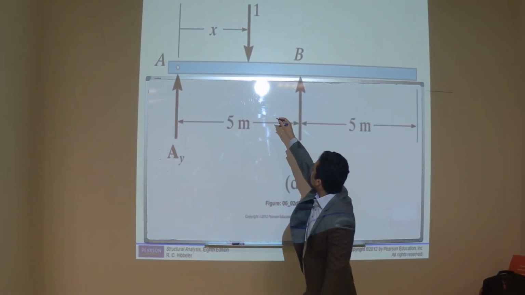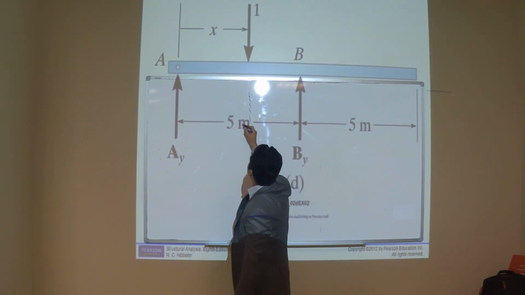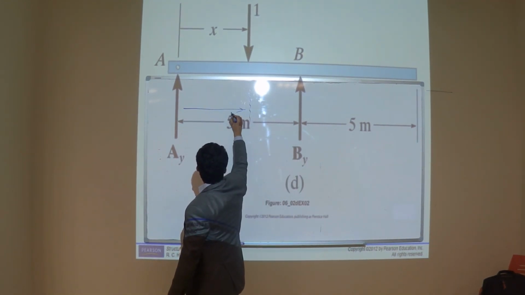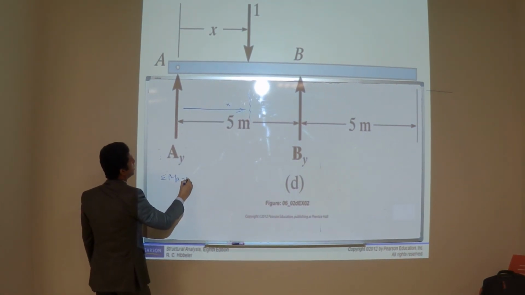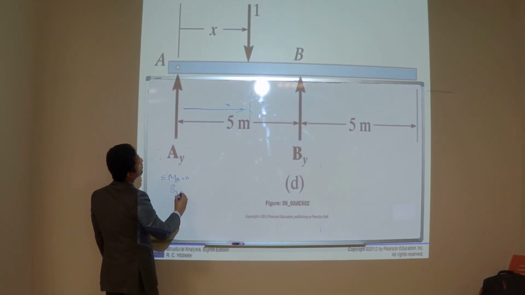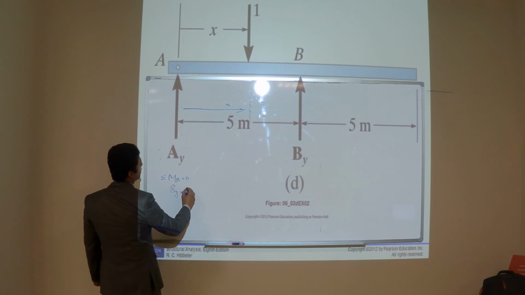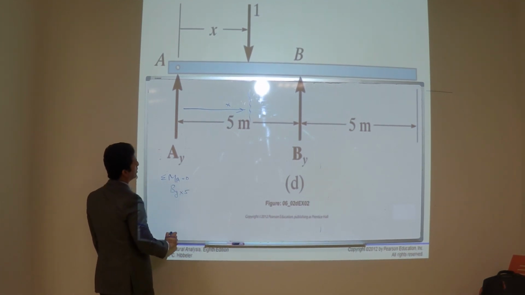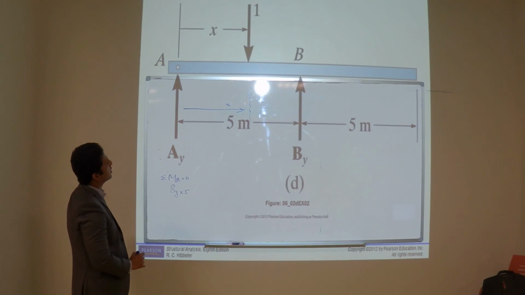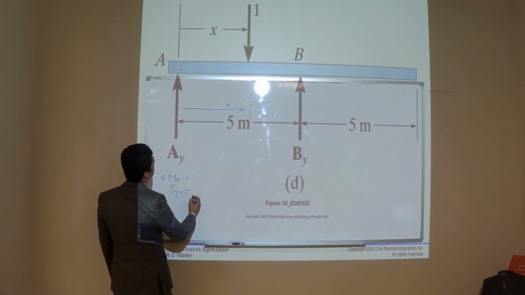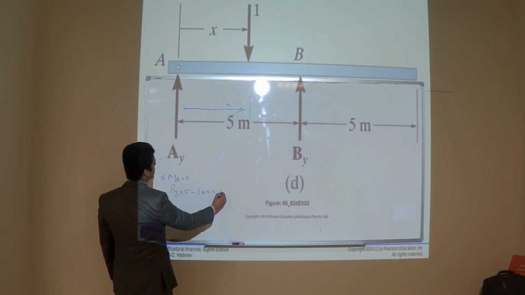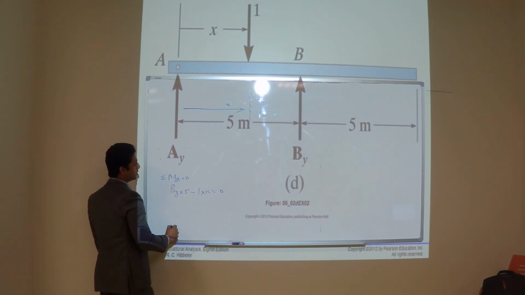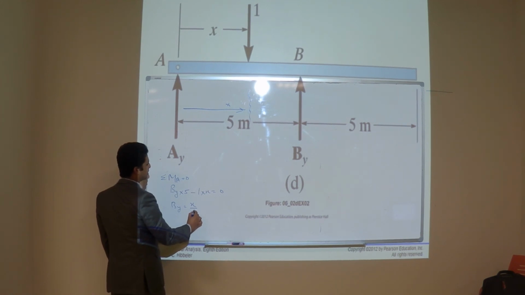You take a section here and say this distance is x, and take moment at point A. You will get sigma moment at point A is 0, BY into 5 minus 1 into x equals 0, and BY is equal to x over 5.